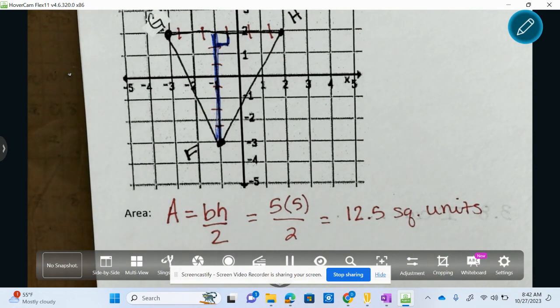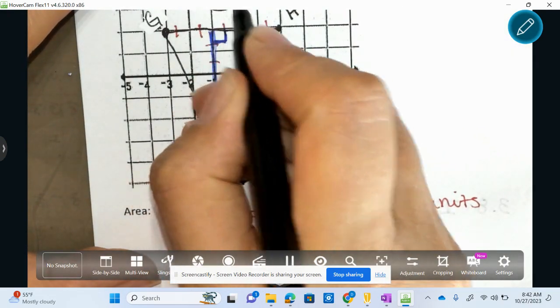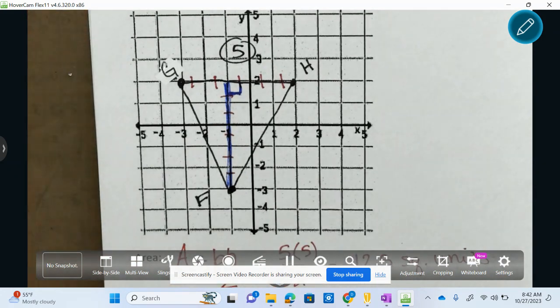Now for the perimeter, I have to add up all the sides. The sides I need to add up: I know this measure is 5 up top, but I have to figure out these 2 sides.